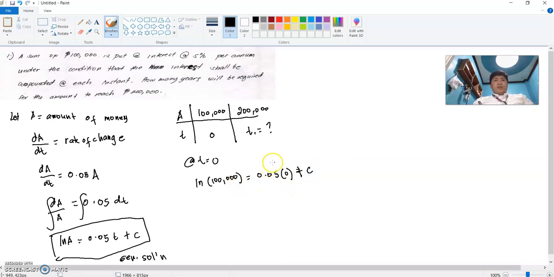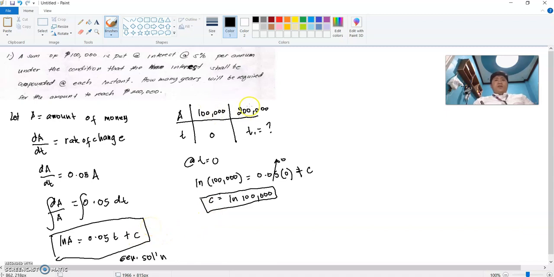So therefore, this becomes 0, and your c is equal to ln 100,000. So now we have our value of c.